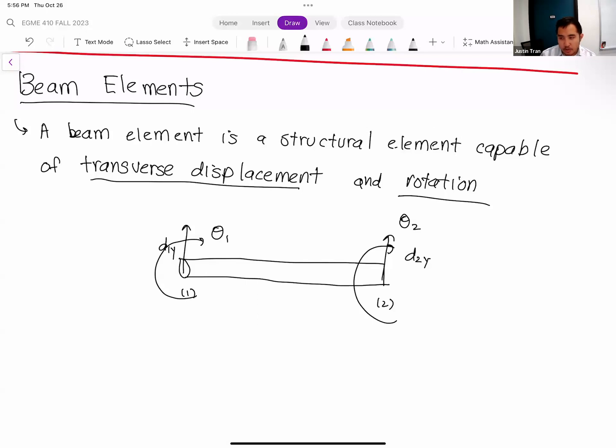In contrast, at least for now, we're going to assume that beams are not capable of axial deformation, axial extension and compression.